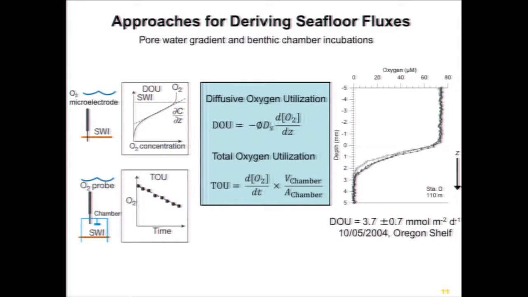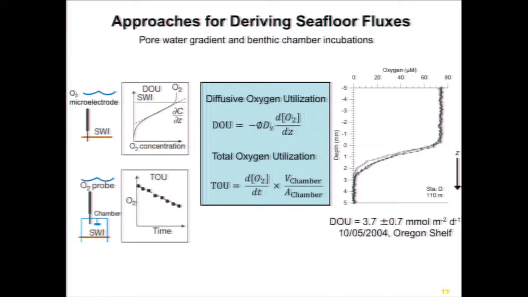The first is based on modeling pore water gradients. And in the case of oxygen, we were able to measure highly resolved pore water gradients using microelectrode sensors that can be deployed in situ to measure gradients across the sediment-water interface.